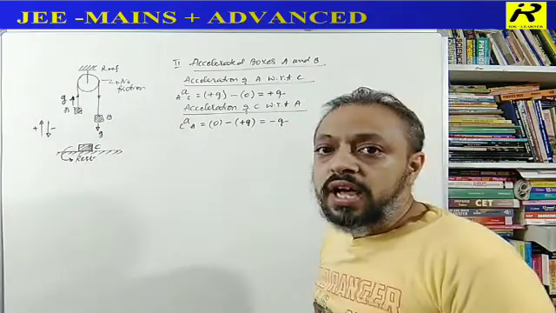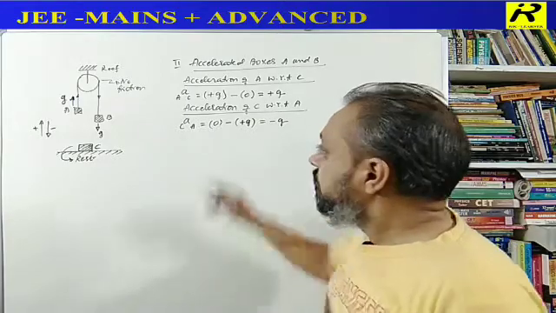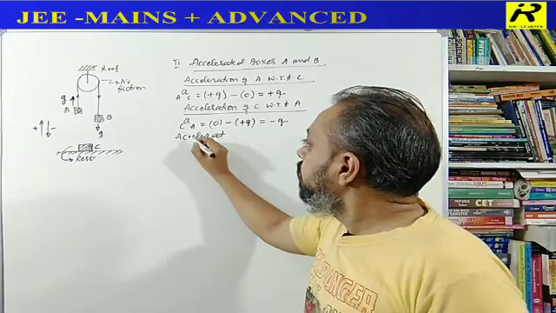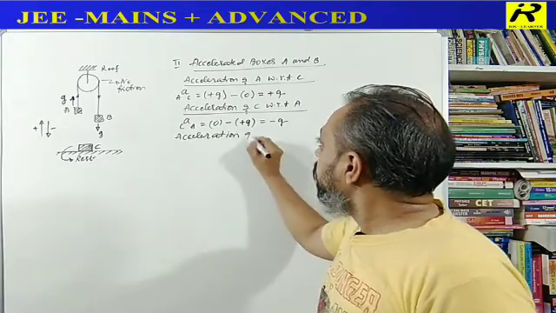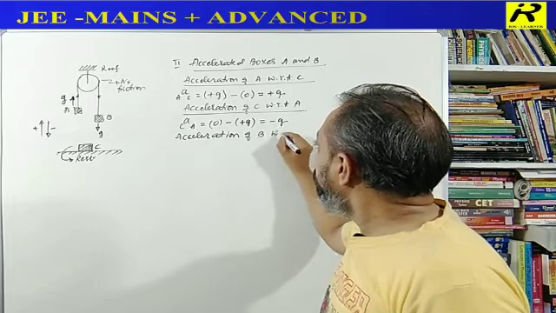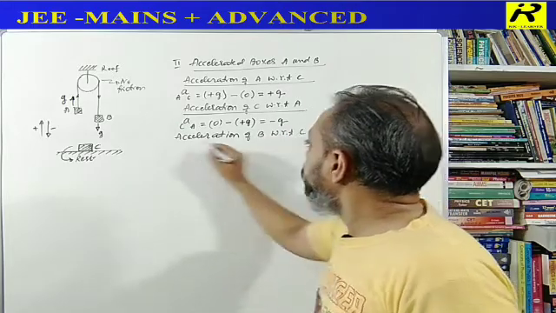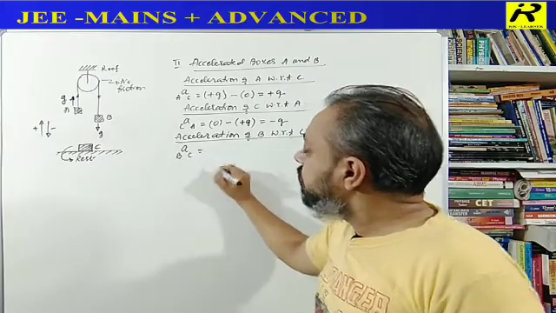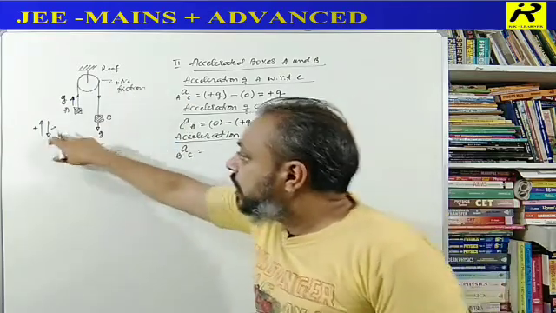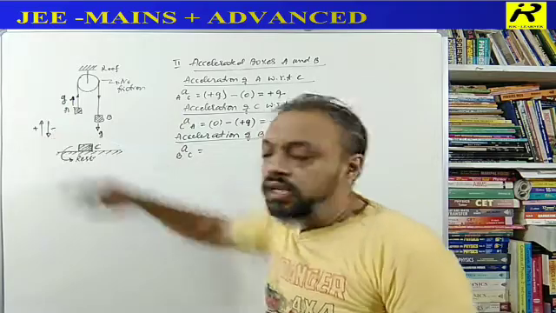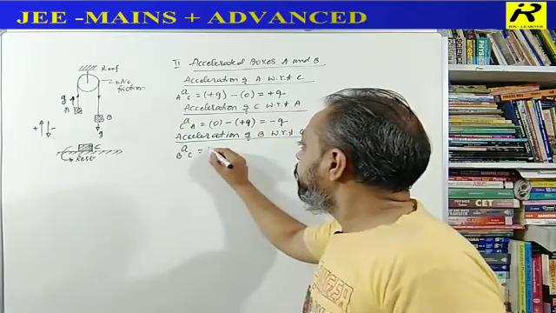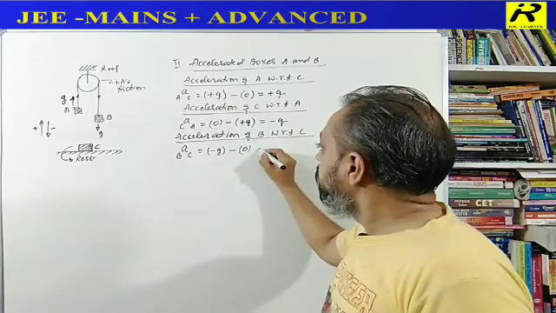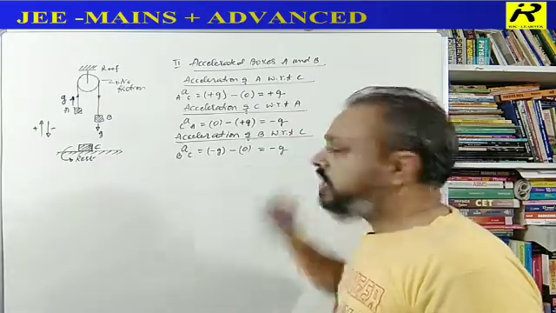This is how we get the acceleration of C with respect to A. And then acceleration of B with respect to C. B is coming down and downward is taken negative, so it is minus g minus acceleration of C, which is 0. So definitely it is minus g.